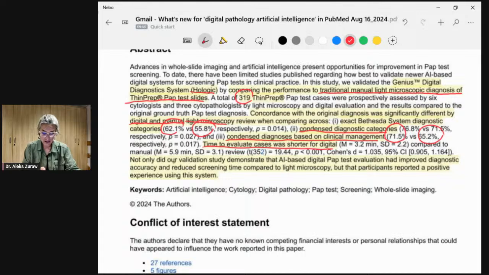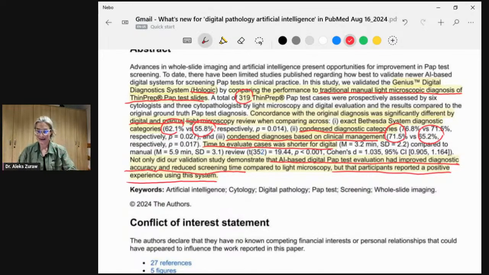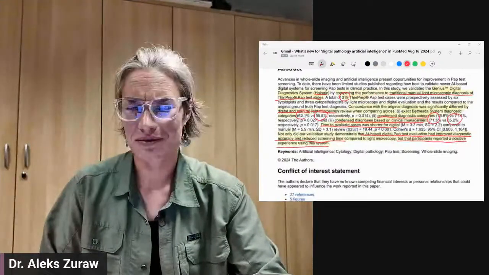So not only did our evaluation study demonstrate that AI-based digital pap test evaluation had improved diagnostic accuracy and reduced screening time, but the participants reported a positive experience using this system. It's like this last sentence, but it is so important because this goes back to the discussion of usefulness.